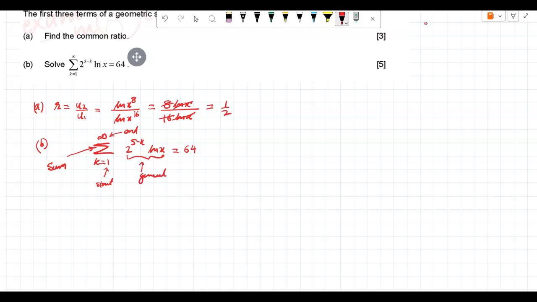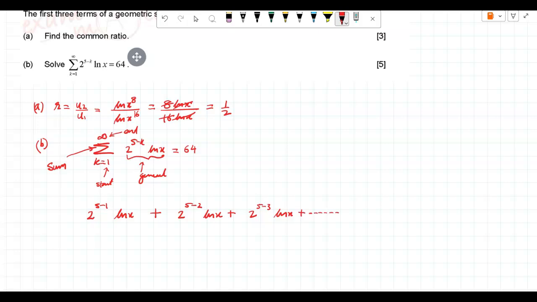So first you take k equal to 1 and put it here. So 2 raised to (5 minus 1) ln x, correct, plus 2 raised to (5 minus 2) ln x, are you following up to 2? You keep on changing the values of k. 5 minus 2, ln x, plus 2 raised to (5 minus 3) ln x, and so on.